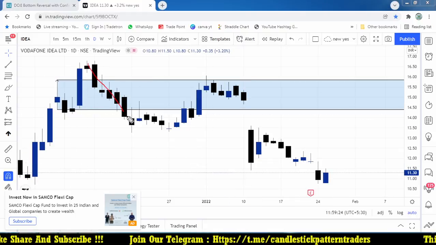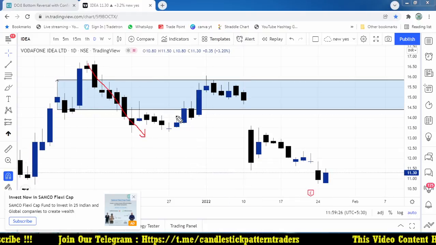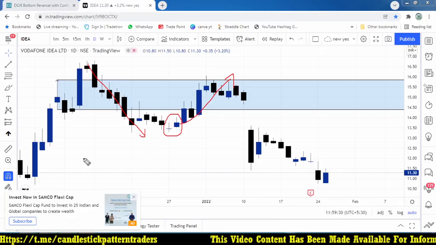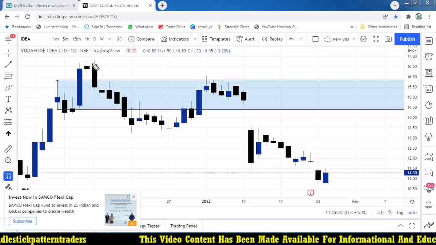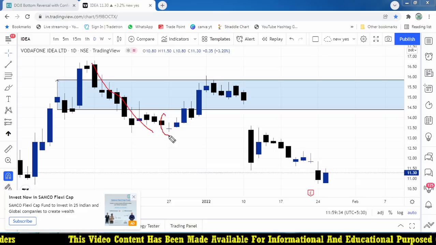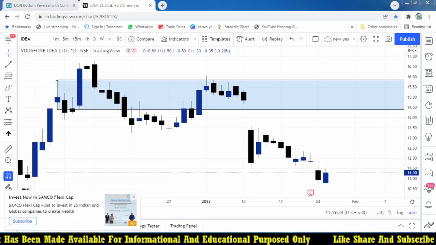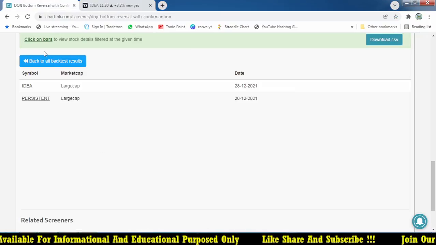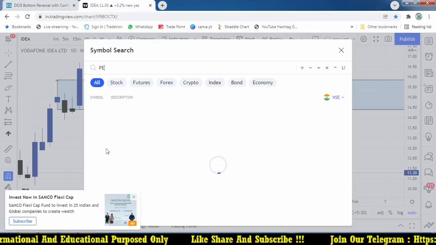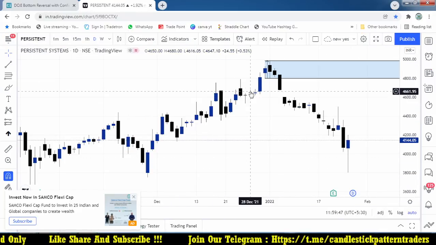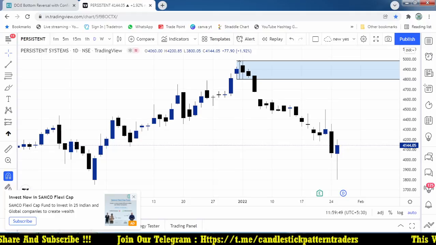The previous trend should be down, and there is a pattern which forms at the bottom of the swing, and there is a recovery. This is the kind of thing we are expecting: the previous trend should be down, and the stock forms the pattern at the bottom, so a recovery is possible. That is the main key we are using. Persistent, maybe this 28th December, is not satisfying.